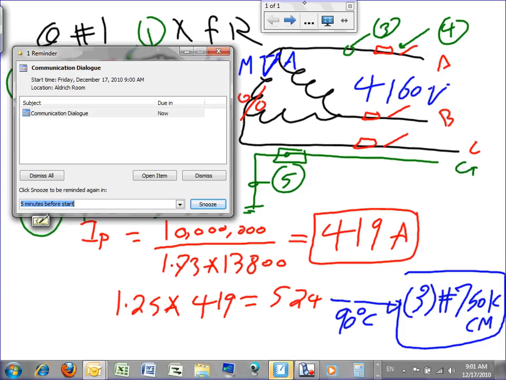Table 310.77. Everybody knows why I changed it, guys? 77, not 79. You might not get a multi-conductor cable at 750 kcm, but definitely you will get a single conductor cable 750. So 3 single conductor 750. Perfect. Still the same size? Yeah, same size.